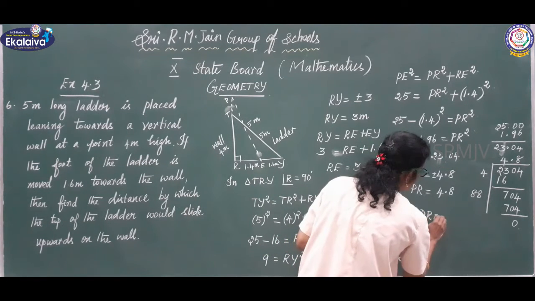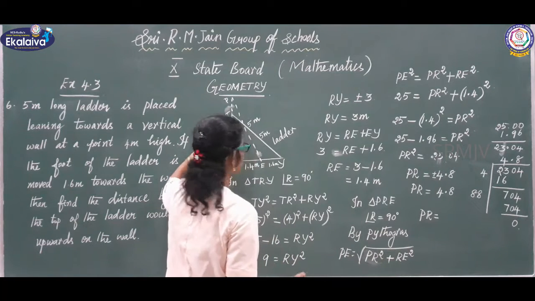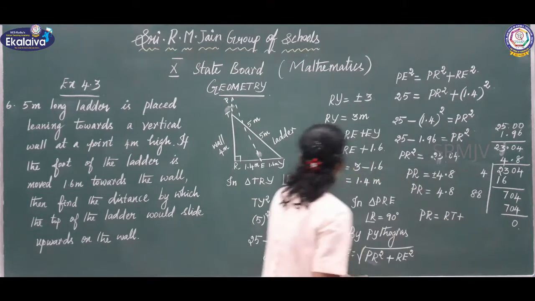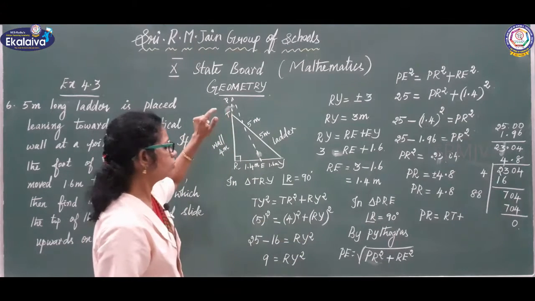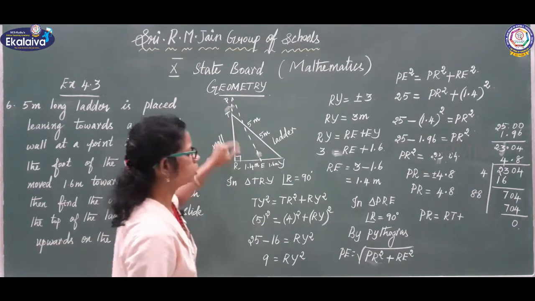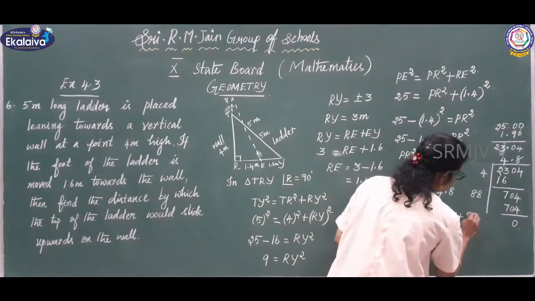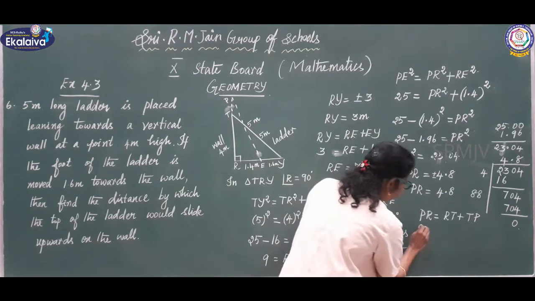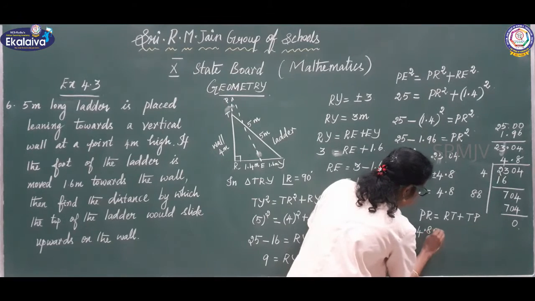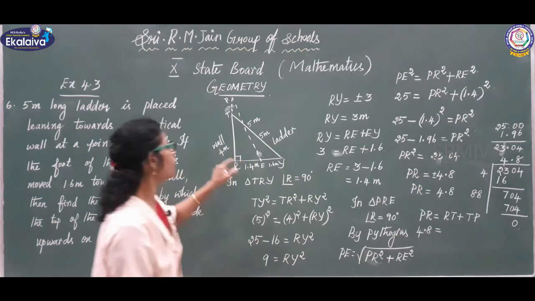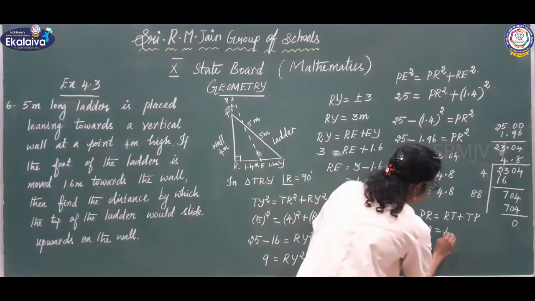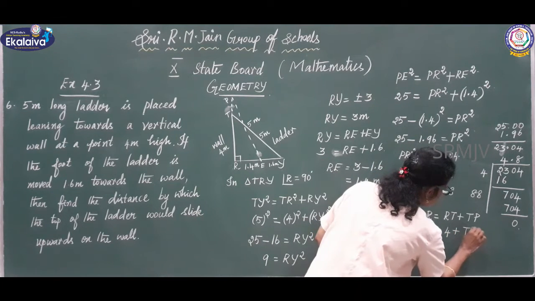PR equals RT plus TP. What is PR we found? 4.8. What is RT? Already it is given to you, 4 meter. 4.8 equals 4 plus TP.